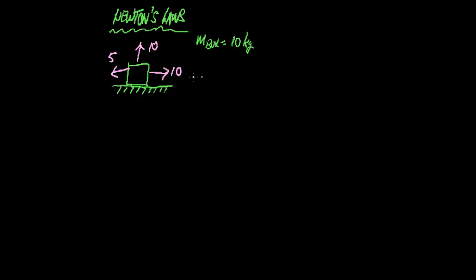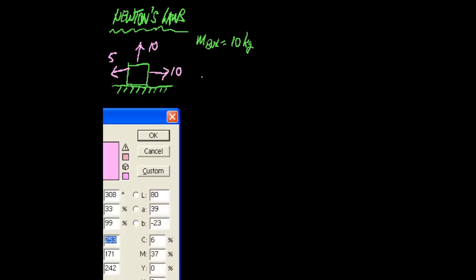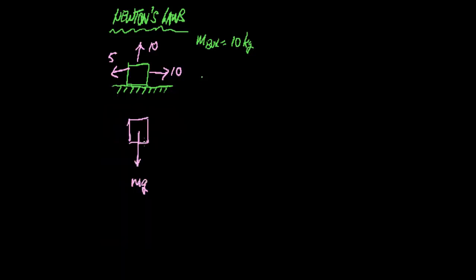And what we want to do is look at this box and analyze it and see if it's going to move or not. So we want to always start out by drawing ourselves a free body diagram. Since it has mass, it'll have the force of gravity, or mg, down. Since it is resting on the table, we'll have the normal force, or the force of the table holding it up, and we call that F of n.